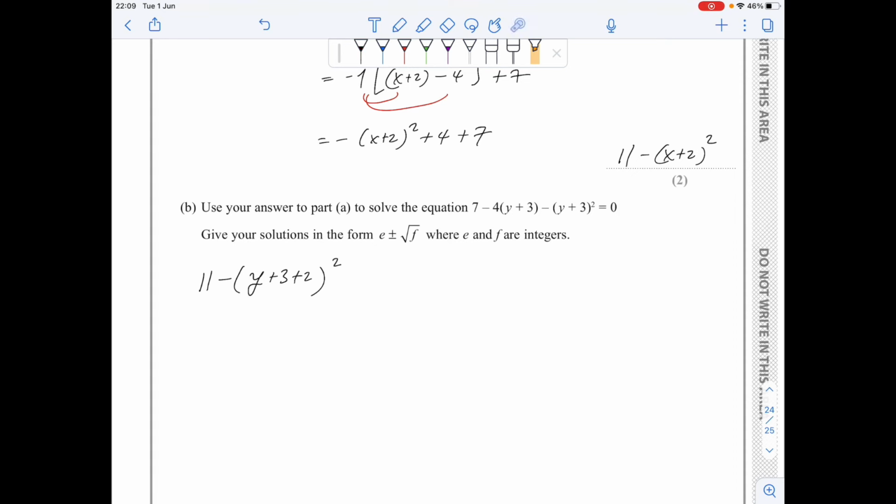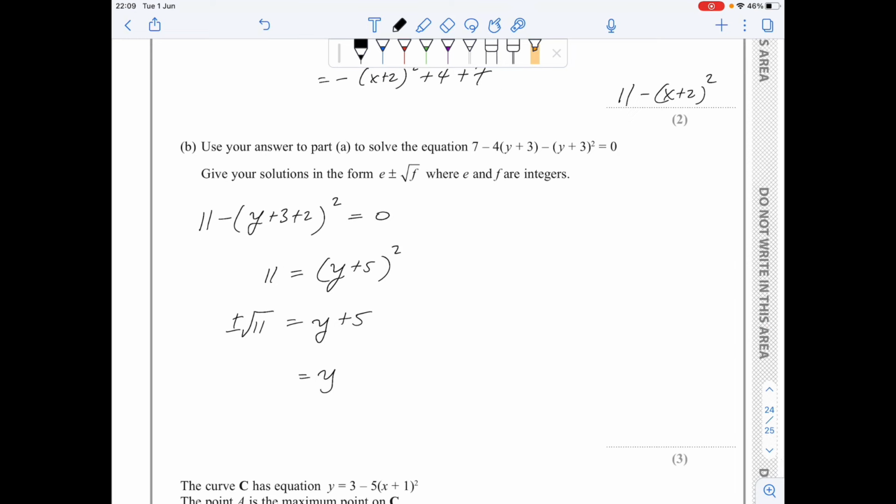And note also that I've got equals 0. That is what makes it an equation. So 11 = (y + 5)², so plus or minus the square root of 11 = y + 5. So y is -5 plus or minus the square root of 11.